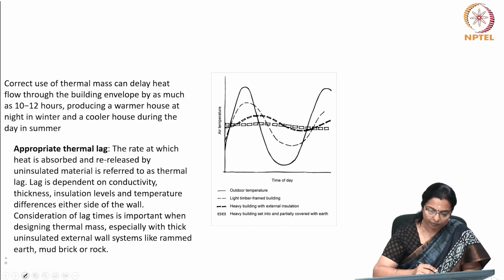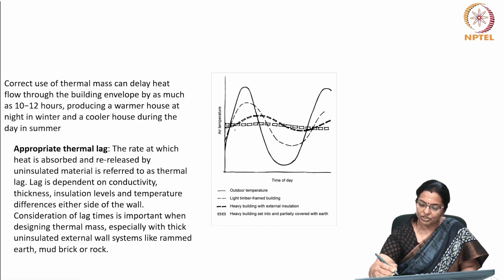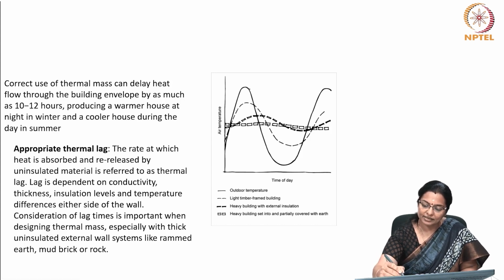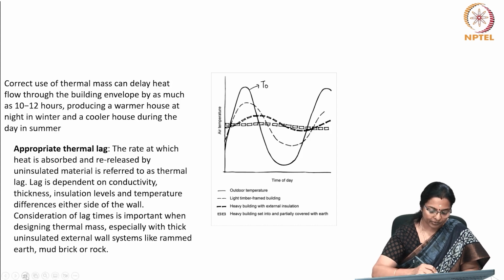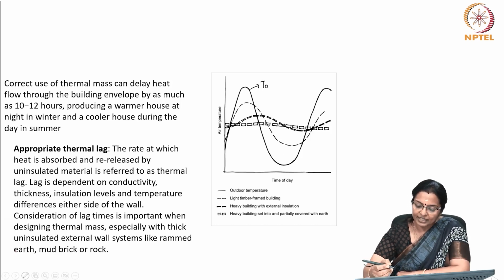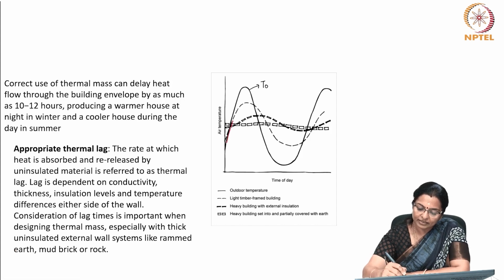So, when you have the outdoor temperature, like this is T outdoor, and then you have the light timber framed structure. You can see the light timber framed structure follows the temperature pattern of the outdoor ambient air.